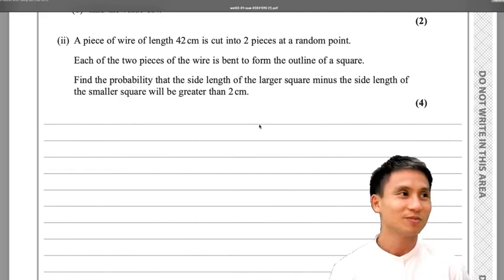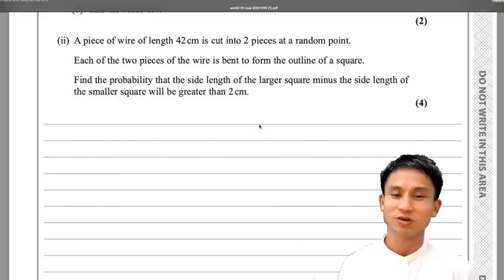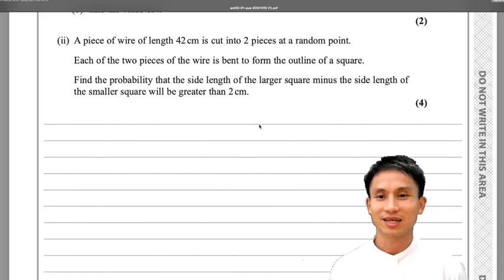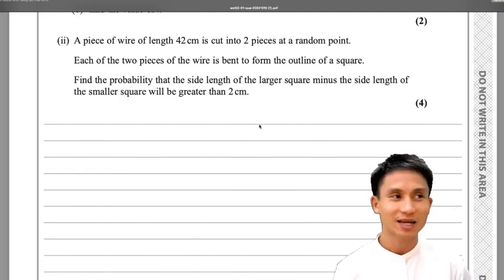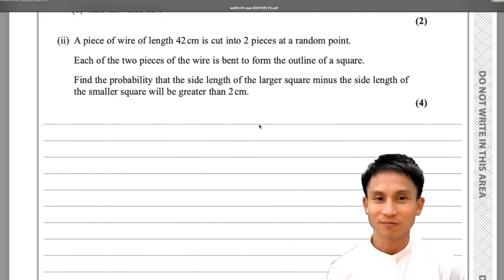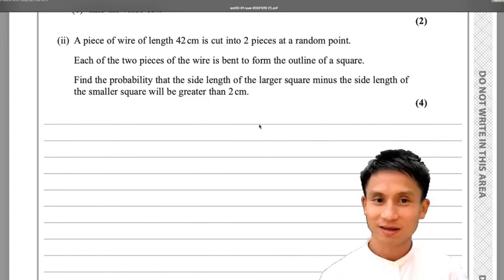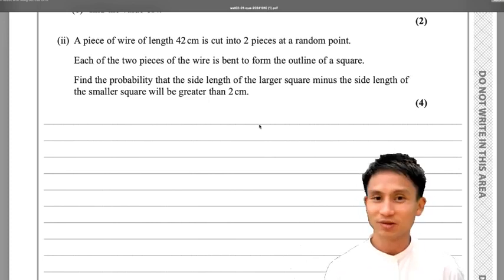It's probably 4 or 5 papers that I've seen this kind of question. So it's like a cutting. It's cutting something, cutting a wire, cutting a wood, cutting a plank, cutting some kind of piece of strip, a strip of snack that children would eat, something.